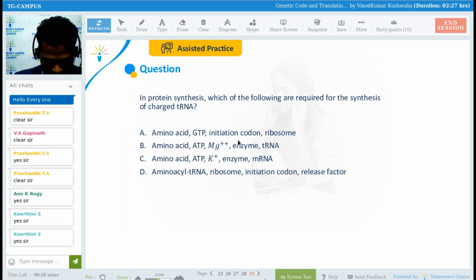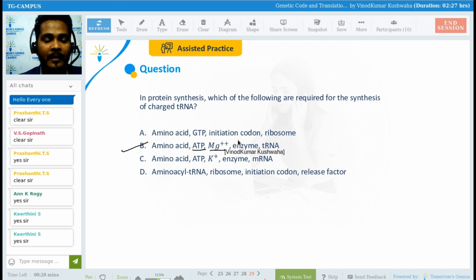Okay, so the right answer for this question is, see, I have told you that in protein synthesis, what are the important machineries, or tools, required to charge the tRNA? It requires amino acid first of all. It requires ATP, that is adenosine triphosphate.